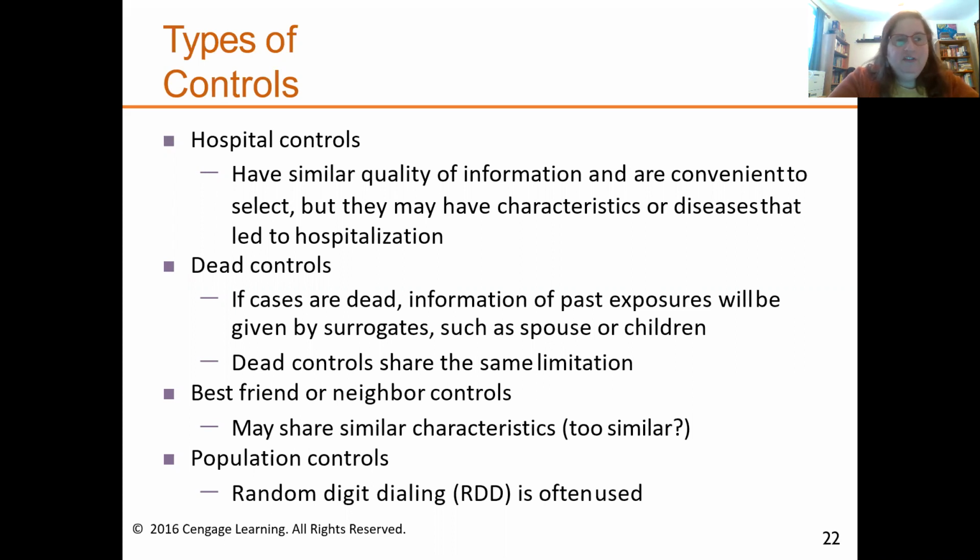Dead controls. If cases are dead, information of past exposures will be given by surrogates such as spouse, children, and so dead controls share the same limitation. Okay. Best friend or neighbor controls. Maybe they share similar characteristics. Maybe they're too similar.